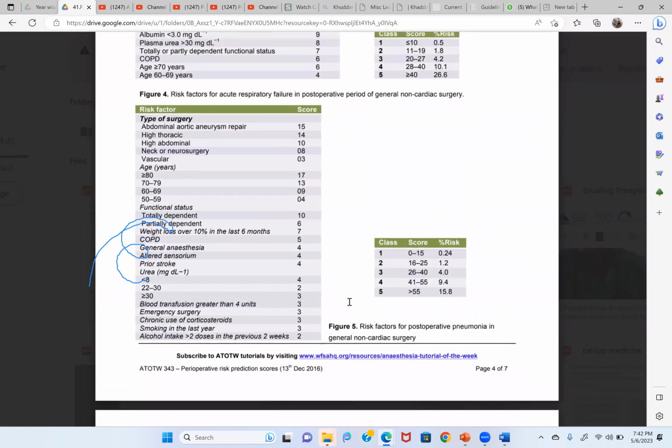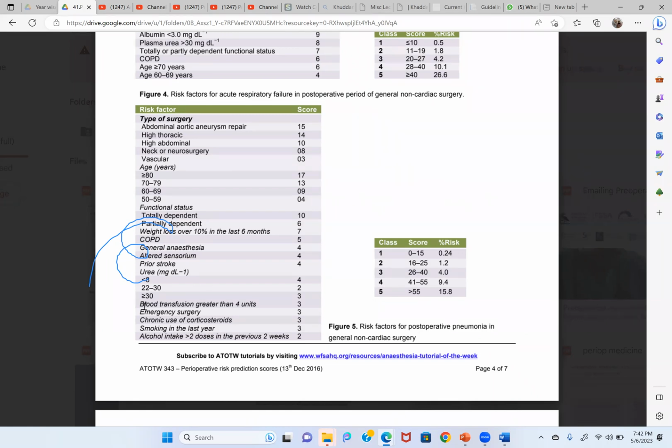Yes, you see, type of surgery. There will be more chances in high risk surgeries, upper abdominal and thoracic surgeries. Then with reference to age, previous history of COPD, obesity, prior stroke.